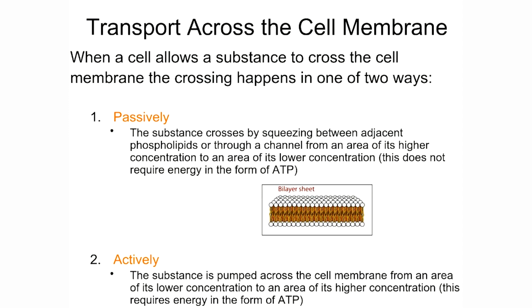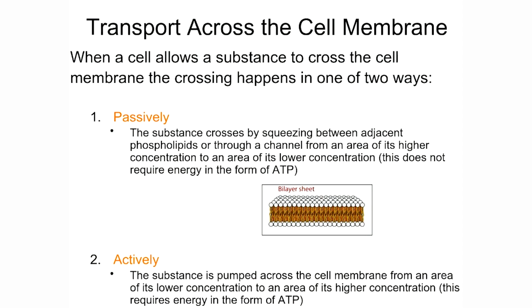So the other way that substances can move across the cell membrane is what's known as actively. And when you have a substance that's moving actively across the cell membrane, that basically means that substance is being pumped. So it's requiring some energy from the cell to power pumps.